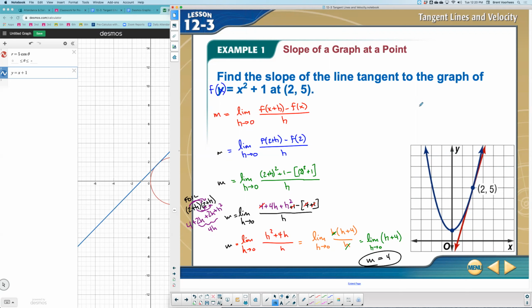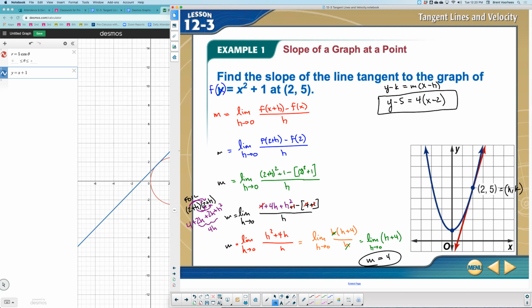You could write the equation of this line using point-slope form as y minus the y value, which is 5, equals the slope 4 times x minus the x value of 2. This is using the form y minus k equals m times x minus h, where this is your h and k. So this would be the equation of the line right there.